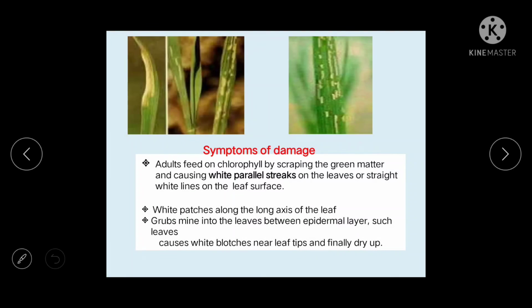One symptom we know, a ladder-like appearance, is caused by the caseworm. Here also these insects cause a ladder-like appearance. Suppose in an MCQ both options are there, caseworm and Dicladispa armigera; you have to write Dicladispa armigera, it is the most prominent answer.